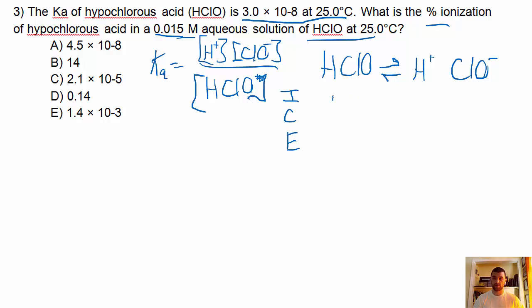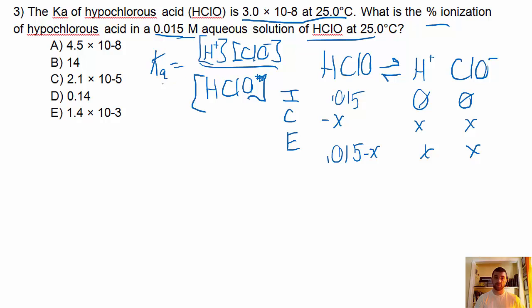I started with 0.015 molar of HClO, no H plus, no ClO minus. The change we're going to call X. We used up a certain amount of HClO and made the same amount of H plus and ClO minus. So our equilibrium amounts would be as such.